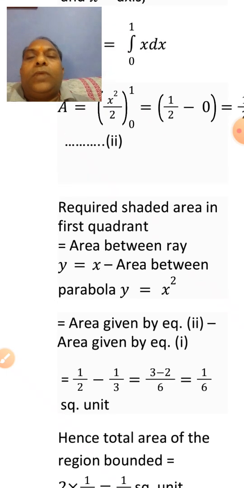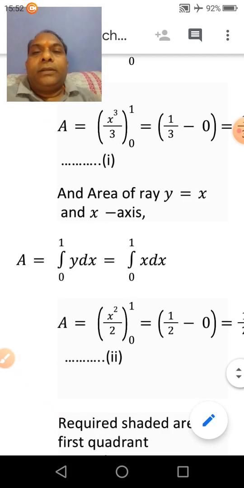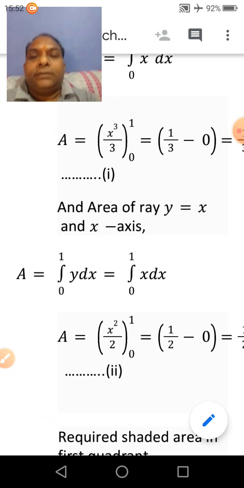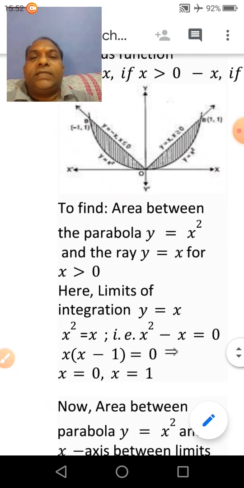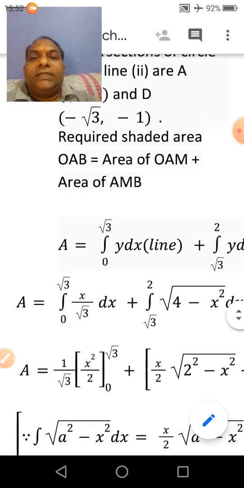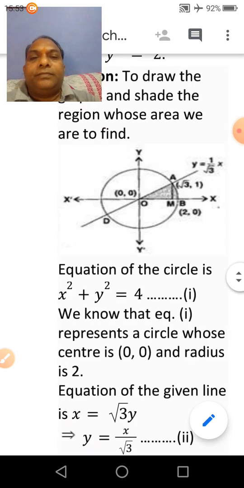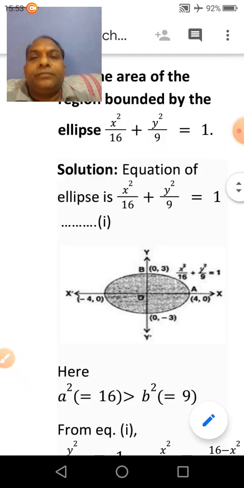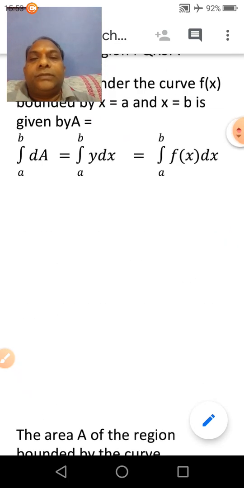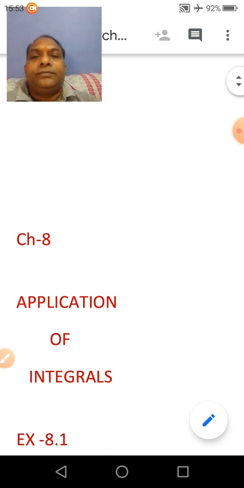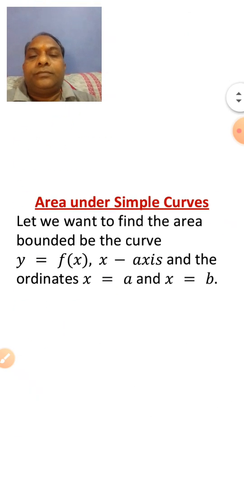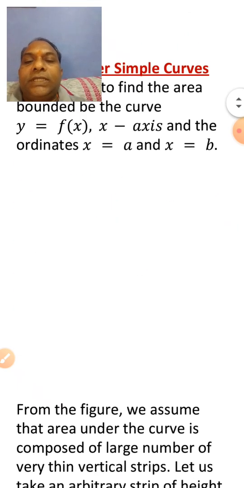So you have to solve the questions related to this topic with examples and see it again to find the area. How can you find it? See here.